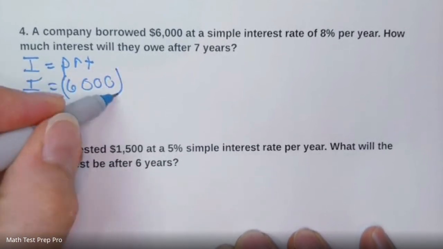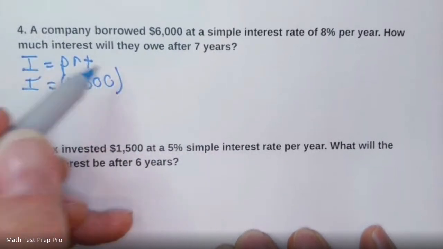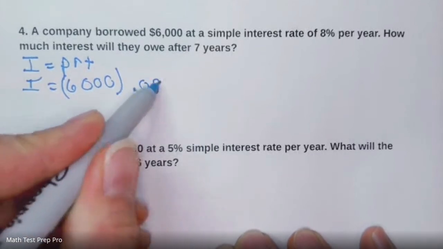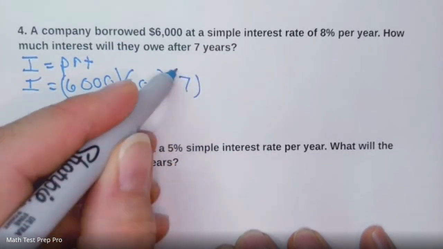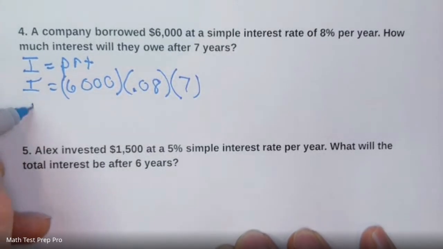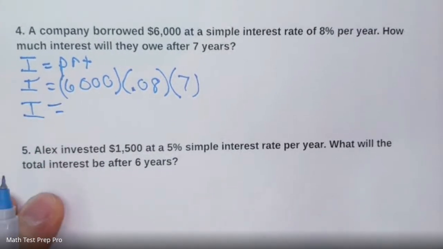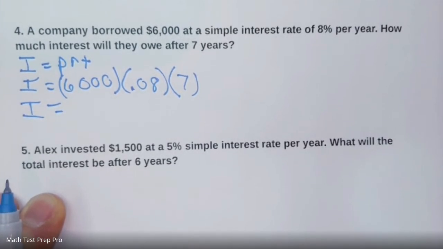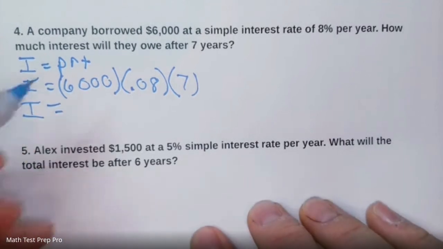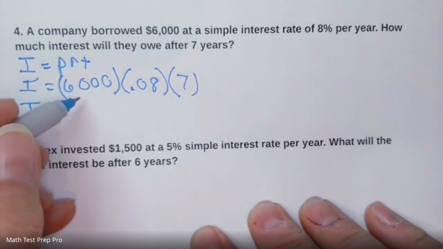The interest rate is 0.08, 8% in decimal form, and 7 years for the time. So the interest will equal 6,000 times 0.08 times 7, which is $3,360.